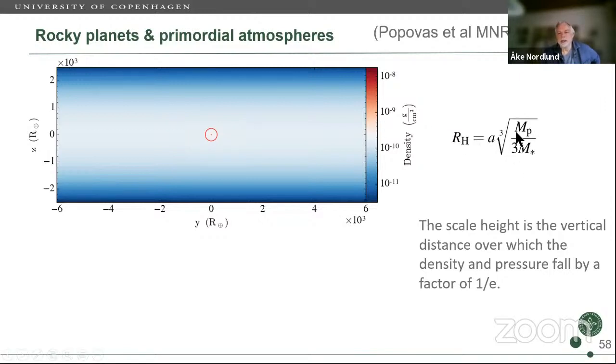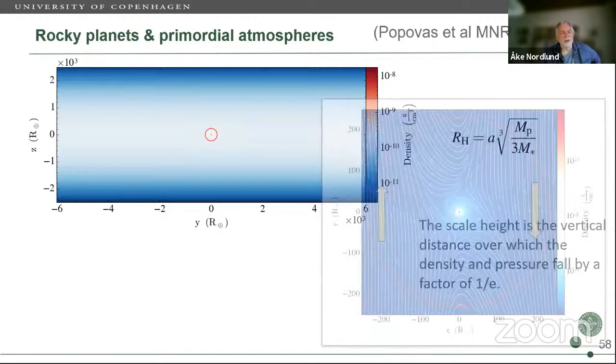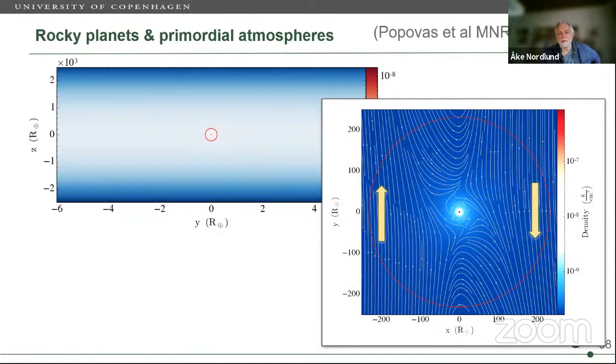Its size scales in exactly the same way as the size of the Earth, as the 1/3 power of the mass, but it's so much larger. And we see basically the scale height of the disk, the height over which the pressure falls by a factor of 1/e. So we model this with full resolution down to the size of the Earth embryo, which requires about a 1 to 700,000 scale ratio.